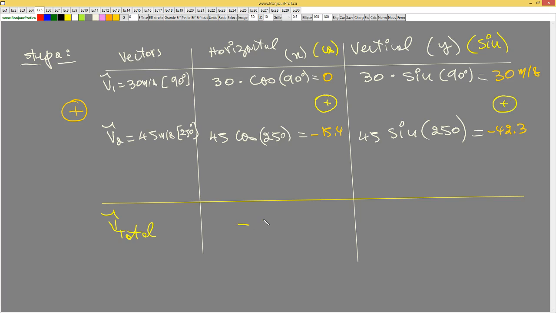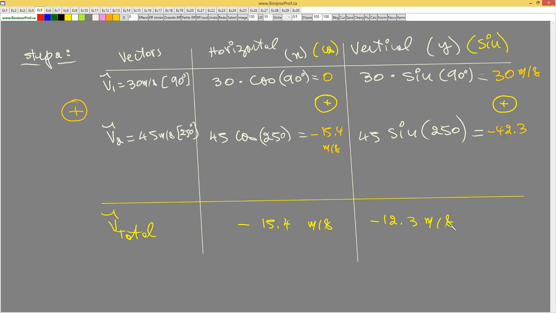So this one will be minus 15.4 meter per second. Here it is, meter per second. Which one, this one here? Excuse me? You wrote 6. It is 4 instead of 6. Yeah, all right. And this one, you add them, it gives you minus 12.3 meter per second.